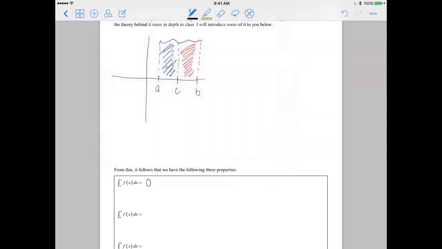So the way that we'll write that as a property is the integral from a to b of f of x dx is equal to the integral from a to c of f of x dx plus the integral from c to b of f of x dx.